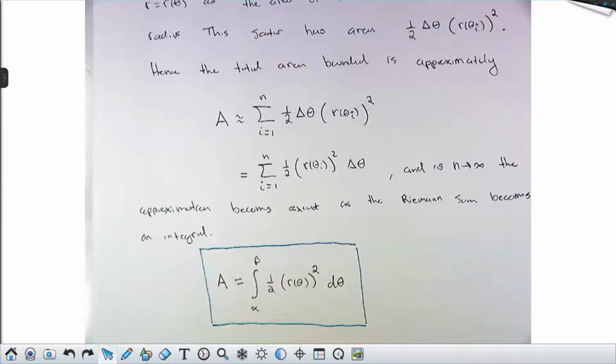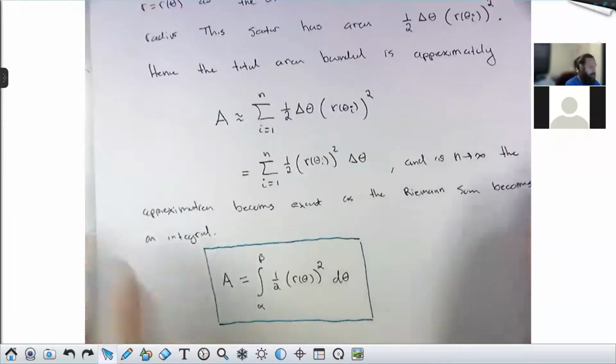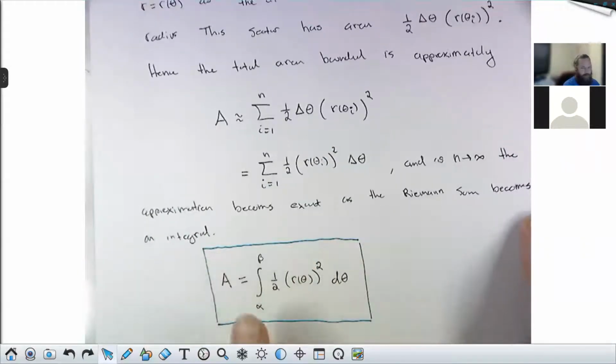Okay, let's try some calculations. So make sure you save this formula somewhere. This is the formula for the area bounded by a polar curve.